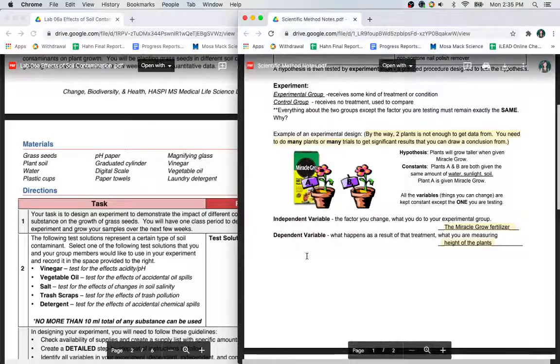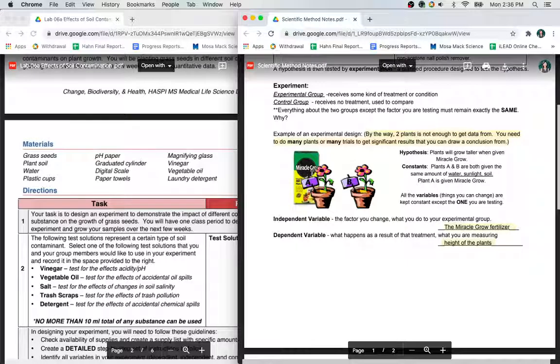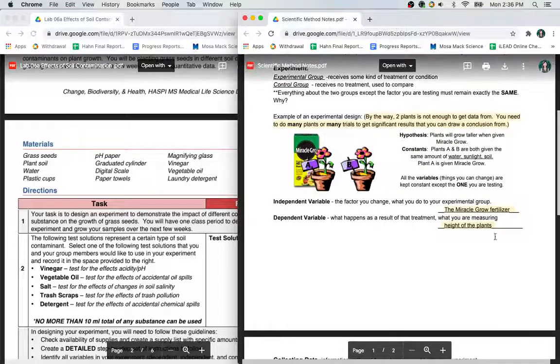The dependent variable is what happens as a result of that treatment. So what are we measuring that the independent variable is supposed to affect? So for this experiment, we're measuring the height of the plants.